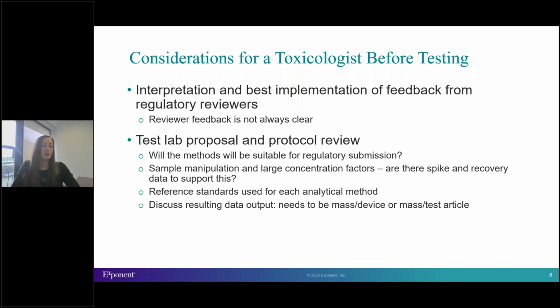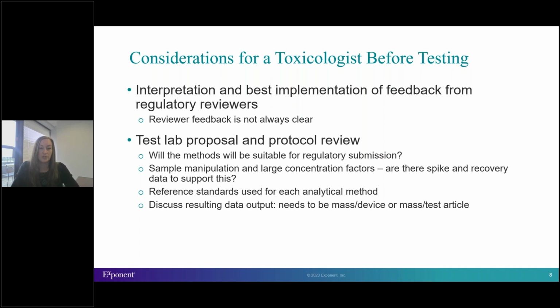I always look for things like sample manipulation. To meet those rigorously low and sensitive reporting thresholds, the AETs, we are in a situation where oftentimes the chemistry team has to concentrate samples and apply dilution factors. While that makes sense from a technical standpoint, that is a comment that usually comes up from reviewers on the regulatory side.